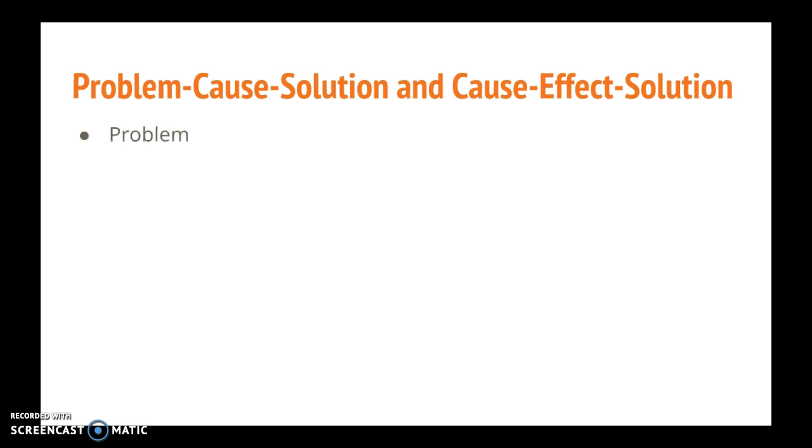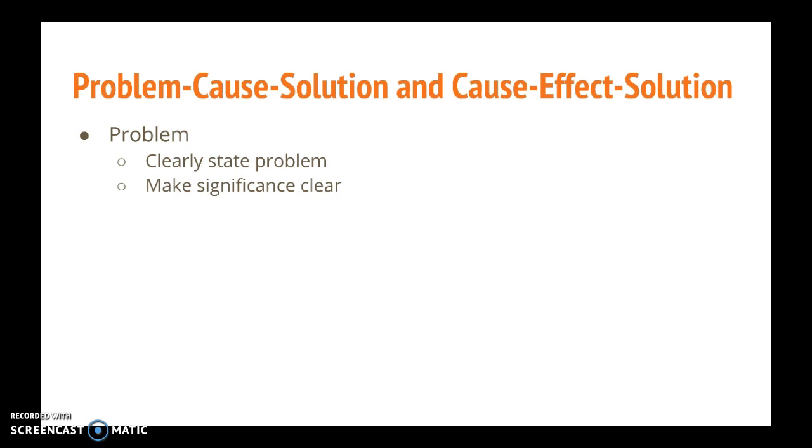First, you have to talk about the problem. And your first job when you're talking about the problem is to clearly state it, to make sure that your audience knows what the problem is and that they understand what the negative impact of it is. In addition, you really have to make the significance of the problem super clear to your audience.